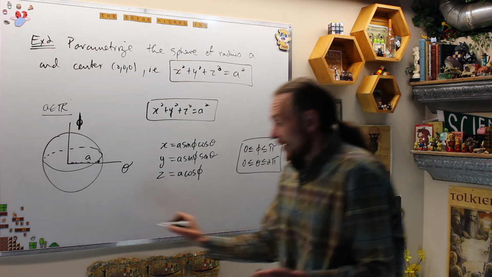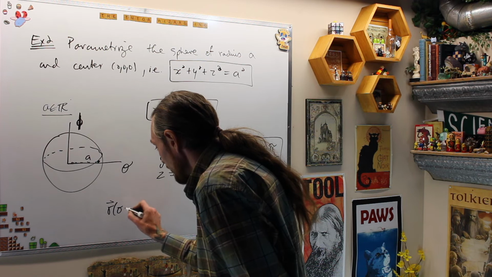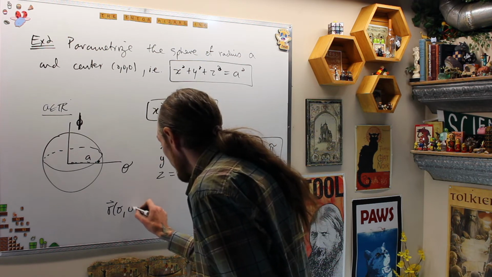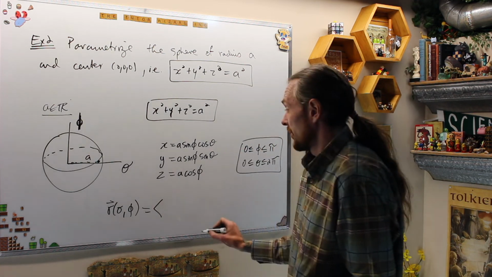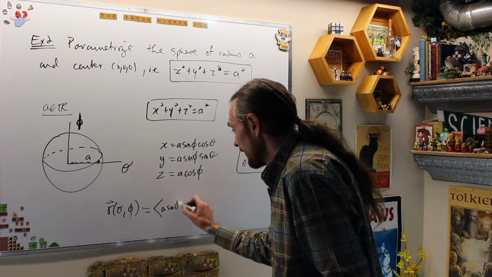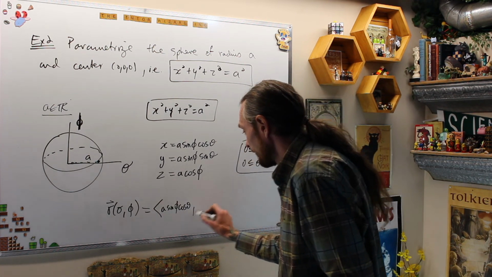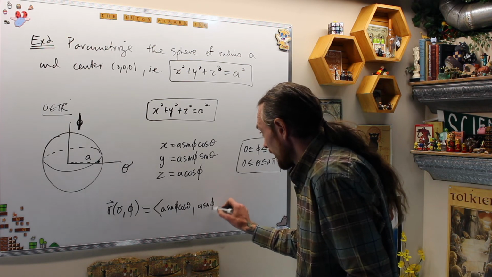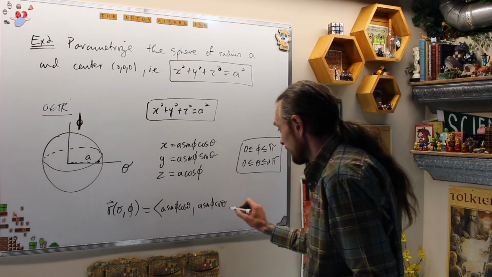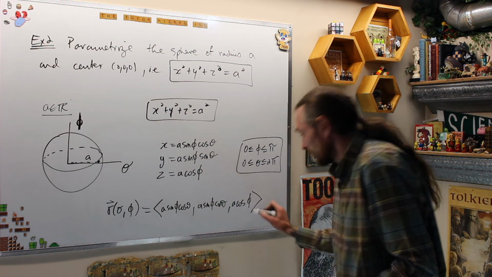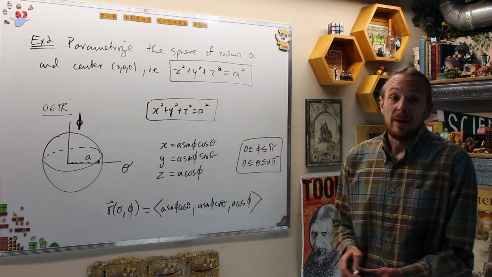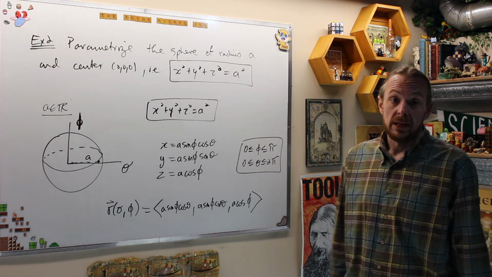And our vector function of the two variables theta and phi is equal to a sine phi cos theta, a sine phi sine theta, and a cos phi. This is the parameterization of that surface now.